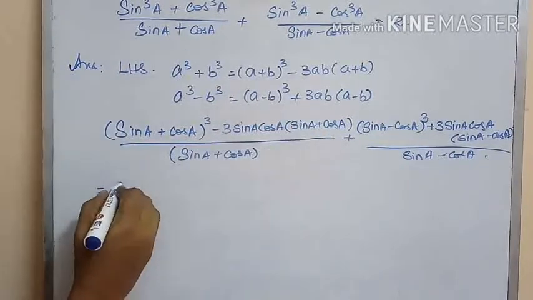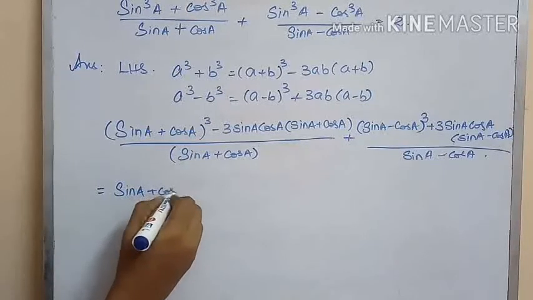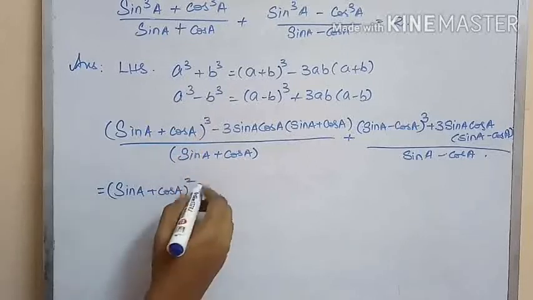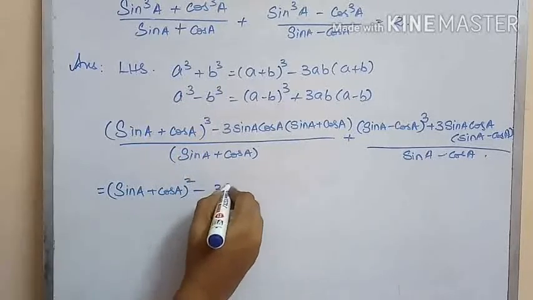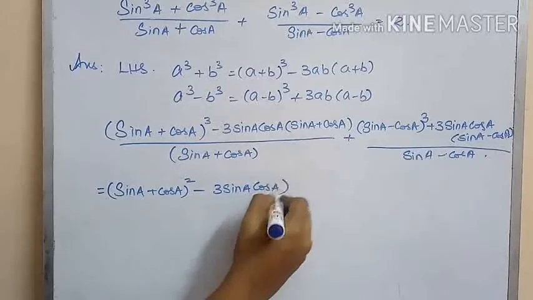Now we can cancel sin a plus cos a, which we have both in the numerator and denominator. So we get sin a plus cos a the whole squared here minus 3 sin a cos a.